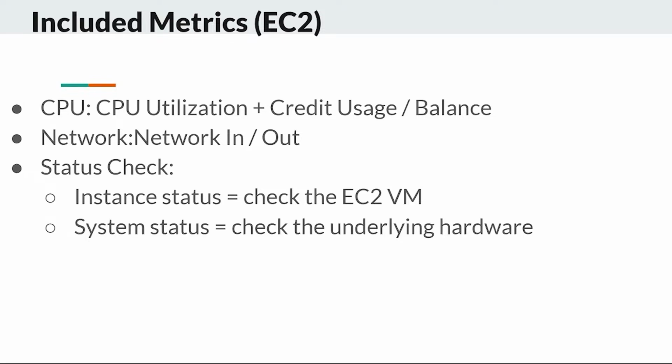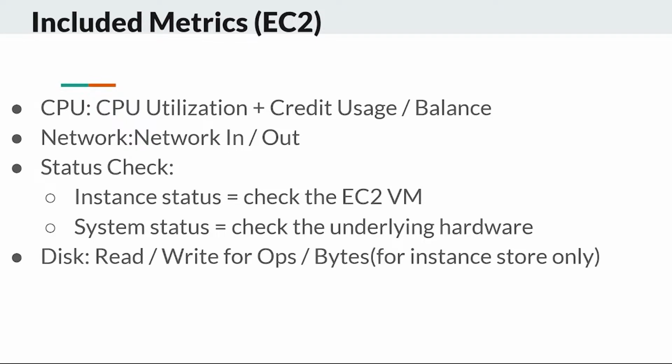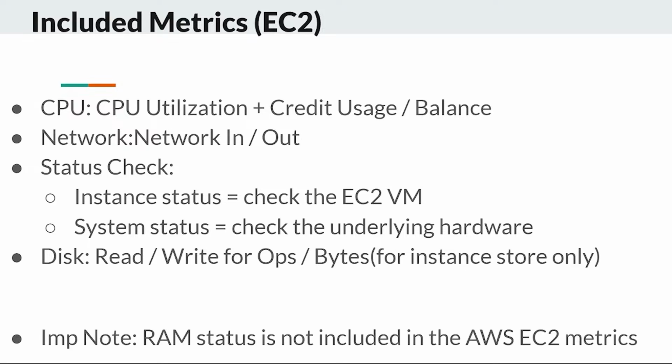Next is system status, which checks the hardware in which your instance is running, whether it is running correctly or has some problem. Next, disk read, write, and bytes operations are given to you by AWS. Important note that RAM status is not included in the AWS EC2 metrics. It is not there.